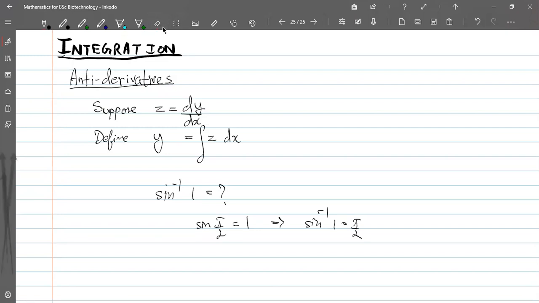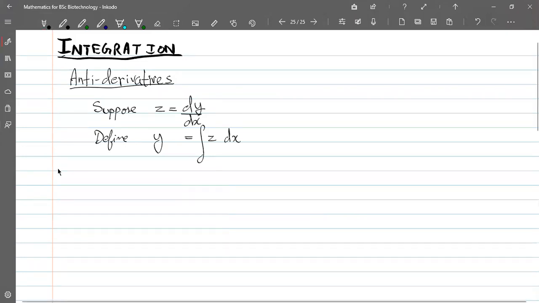Similarly, to compute an integral, we have to remember all the basic derivatives, and then you have other properties or so-called techniques of integration which allow you to integrate more complicated functions. But to begin with, we'll only start by recalling the derivatives and then using that fact.